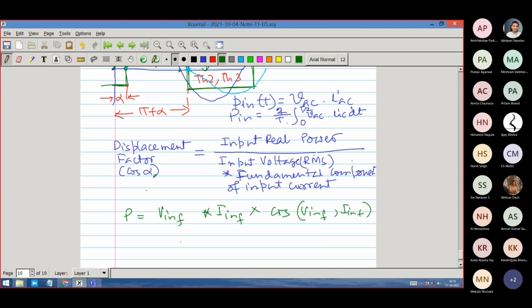V in is already known to be sinusoidal at frequency F. There is no distortion here. I in as such is non-sinusoidal.